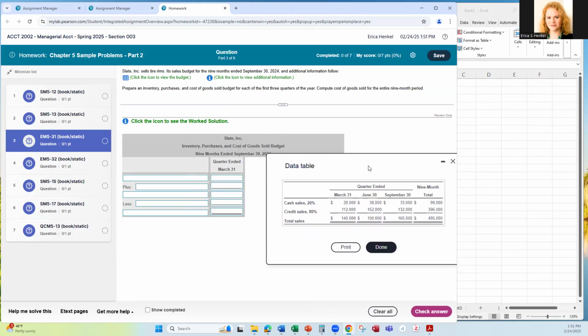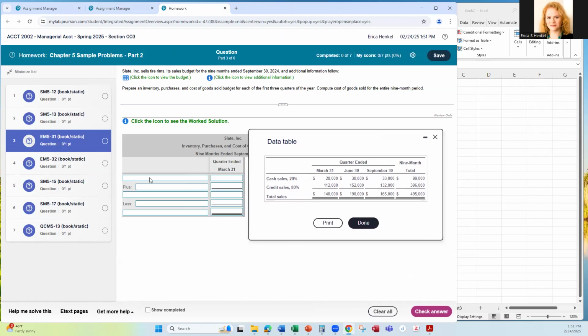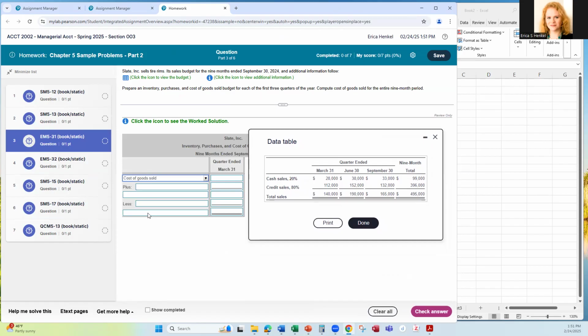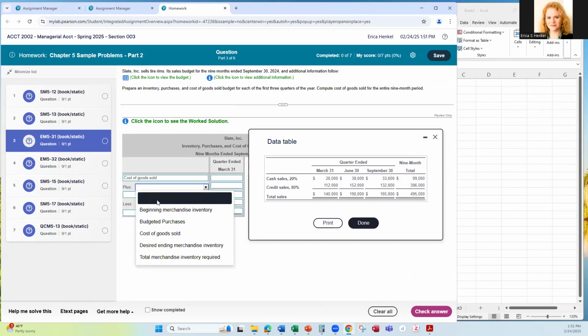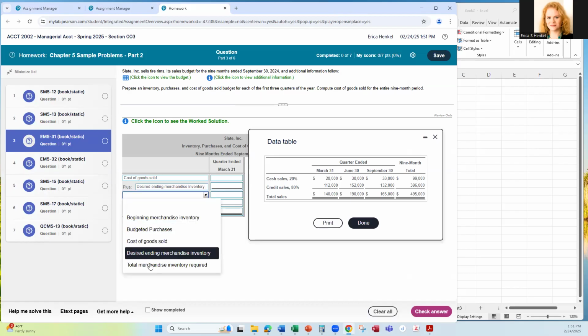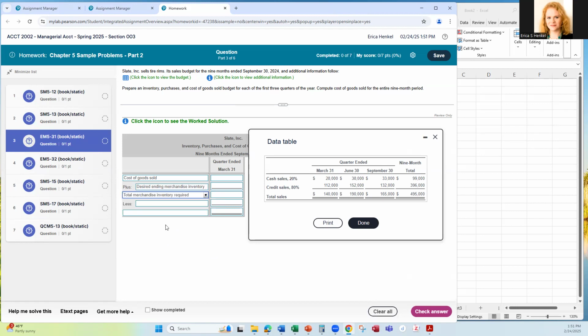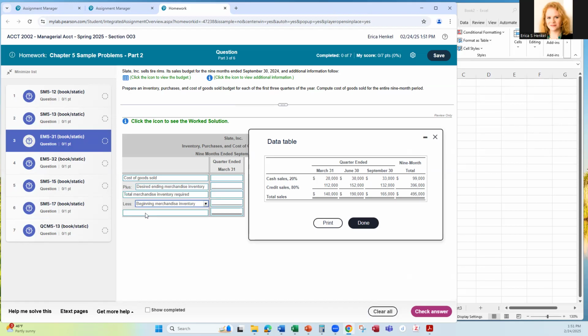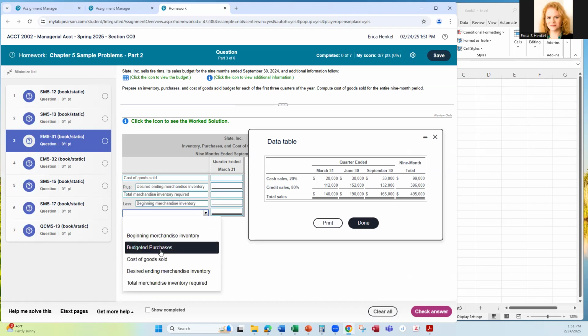For their cost of goods sold budget, we're going to take our cost of goods sold based on a percentage plus our desired ending merchandise inventory, and that's going to get us to our total merchandise inventory required. Then we're going to subtract from that our beginning merchandise inventory to arrive at our budgeted purchases.